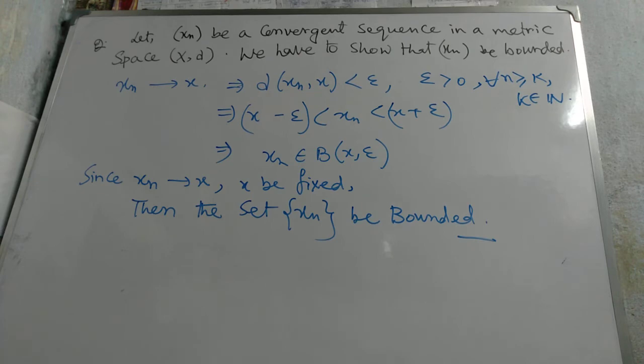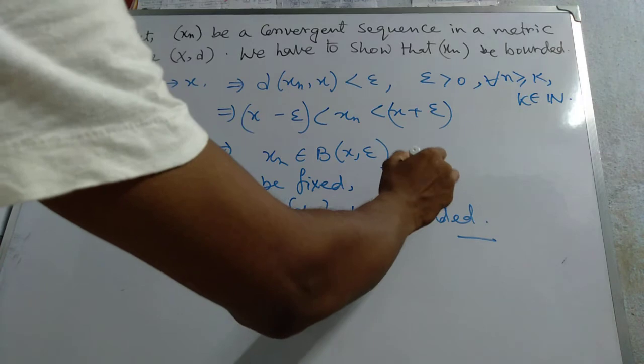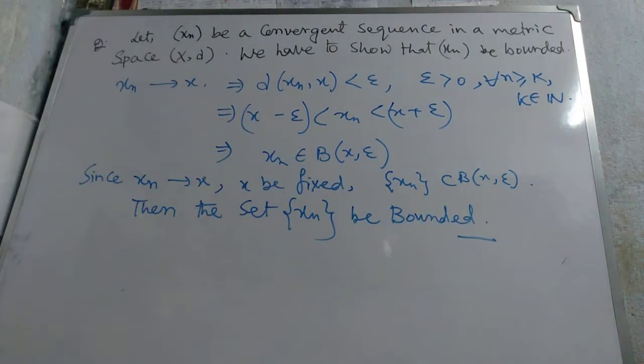Since xn implies xn is a subset of B(x, epsilon), or x belongs to X. Okay, so we have this problem, and that means we have done this one.